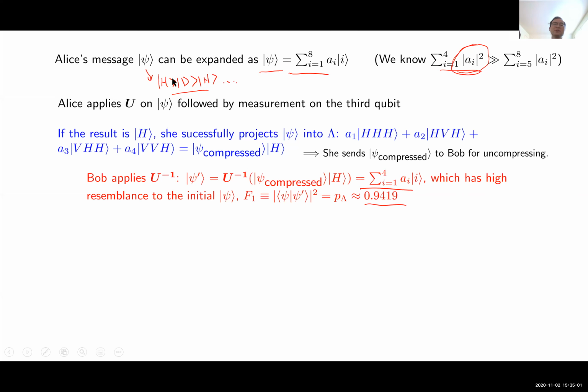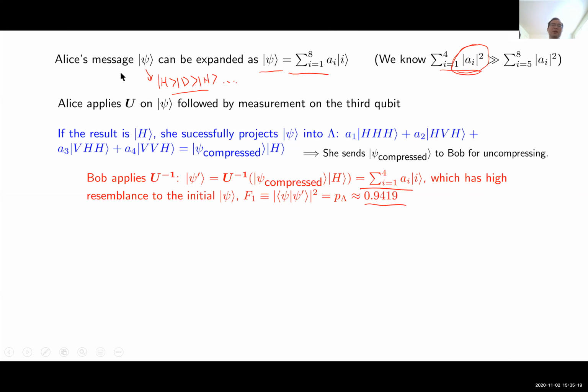But I think I should take that back a little bit. I'm assuming Alice's source is emitting like this, and that occurs with some probability distribution according to the ensemble.